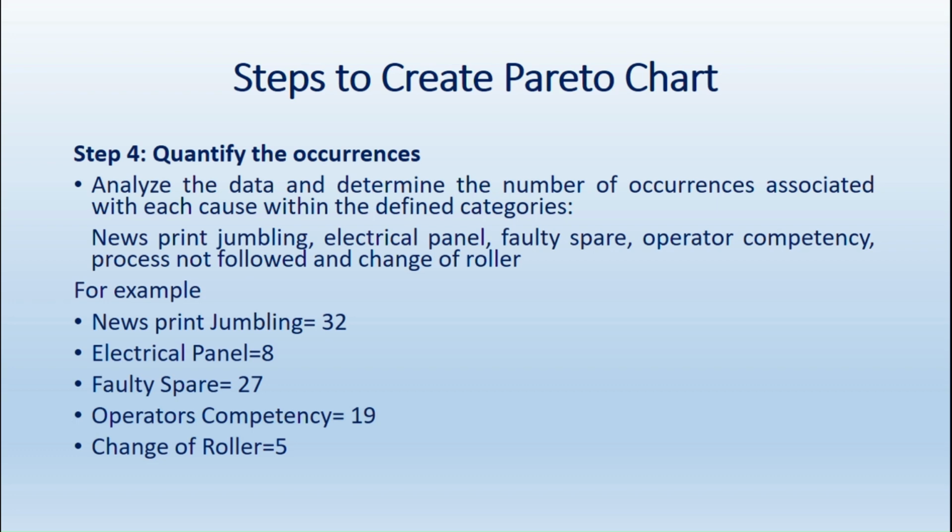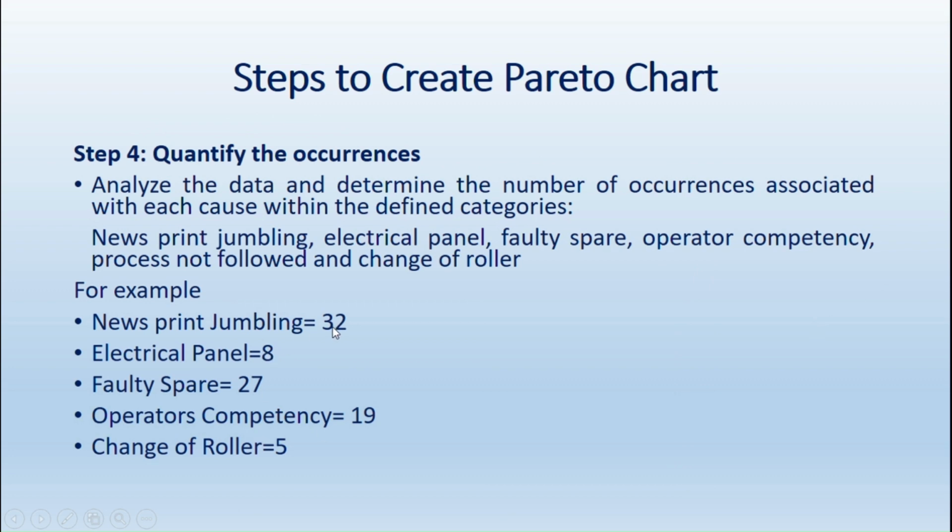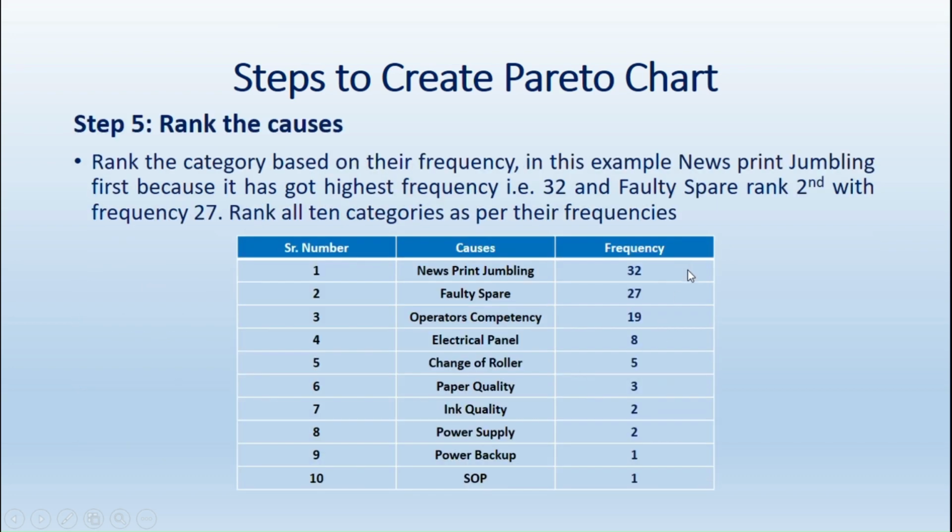So once you have identified the frequencies, after that you have to rank those frequencies. Like we have identified frequencies 32, 8, 27, 19, 5, and now we have to arrange it in descending order like 32, 27, 19, 8, like that.